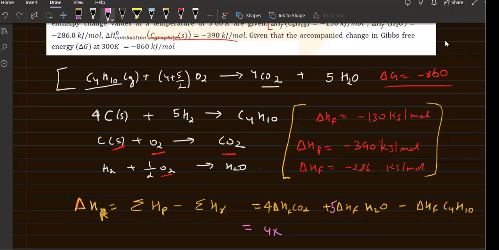4 into what? 4 into minus 130 plus 5... Sorry, not 130. 4 into CO2 now, minus 390, plus 5 into minus 286, minus of minus 130.